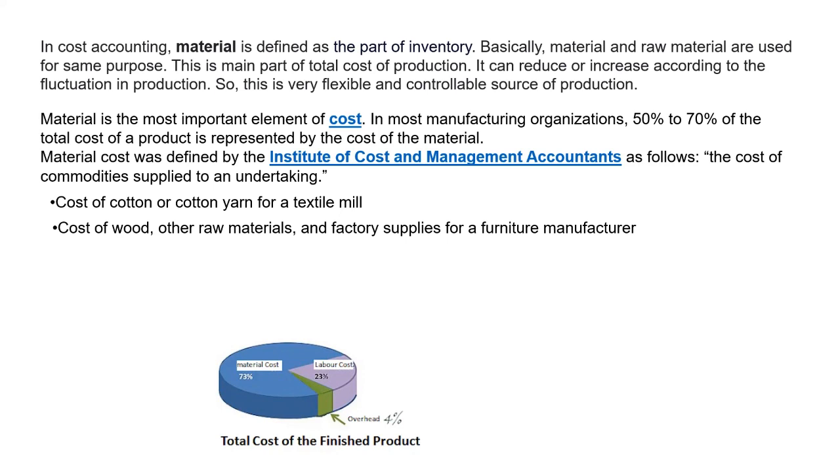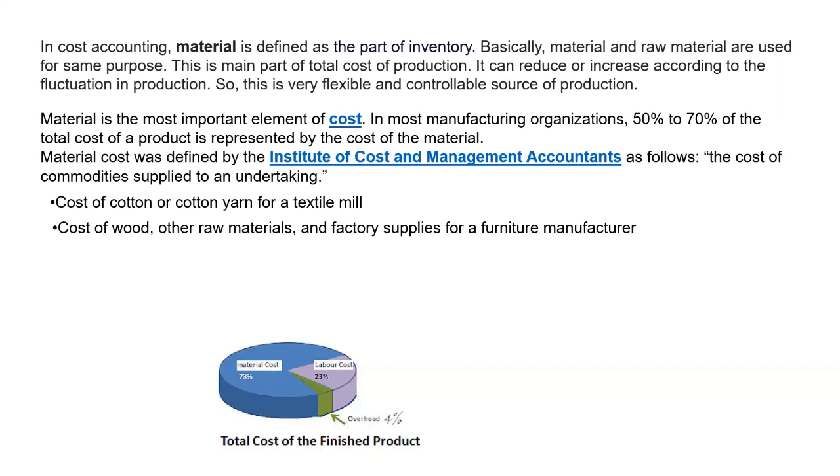If you have a furniture manufacturing unit, then wood will be the raw material. If you have biscuits or chocolates or bakery, then sugar, maida or all-purpose flour, essence, cocoa powder, these are all raw materials.